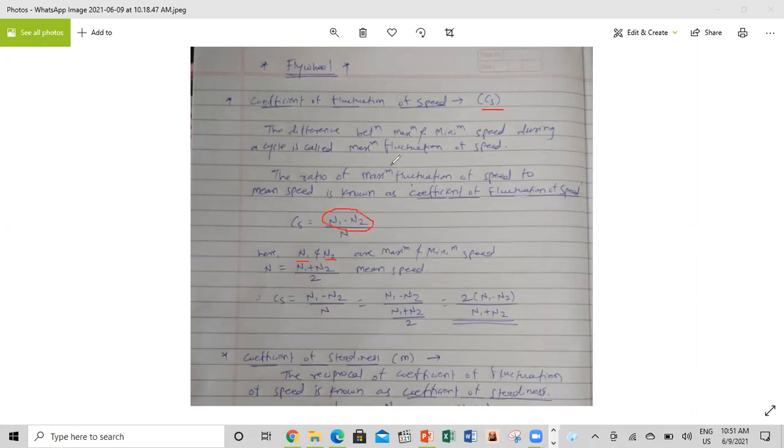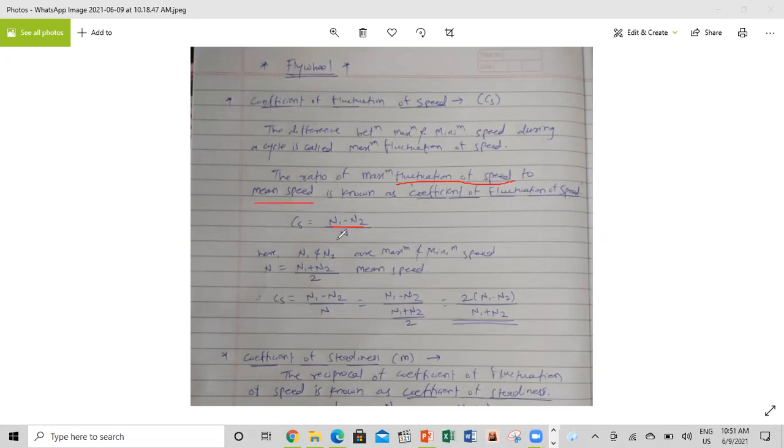This is called the maximum fluctuation of speed. So the definition of the coefficient of fluctuation of speed is the ratio of the maximum fluctuation of speed, meaning n1 minus n2, to the mean speed.